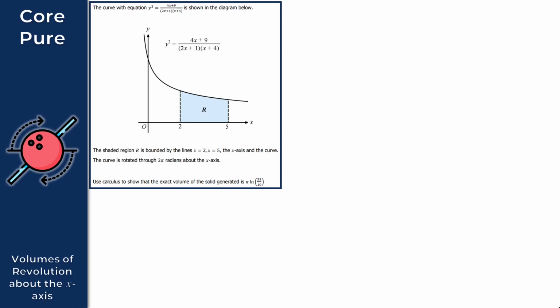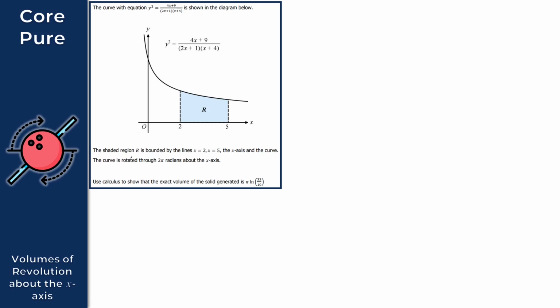So let's get started on this example for volumes of revolution about the x-axis. What do we have for this question? Well, we have this diagram, and this diagram shows the curve with this given equation: y squared is equal to 4x plus 9 all over 2x plus 1 times x plus 4.